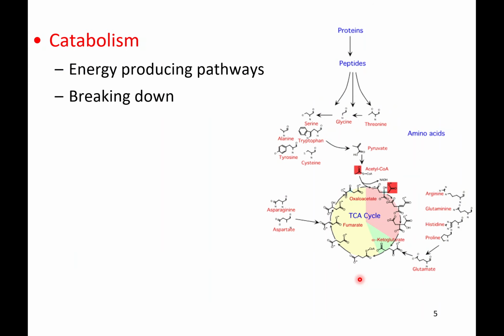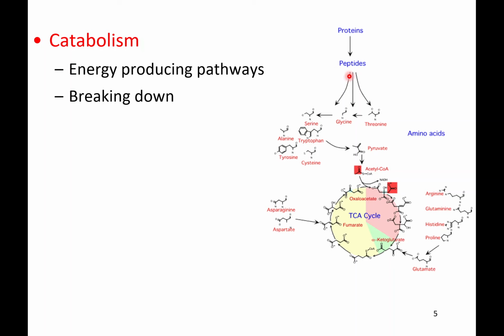Metabolism can be broken down into two parts. Okay, one is what's known as catabolism, and this is generally thought of as energy producing pathways. You're producing energy, and what you're doing with that is you're breaking things down, taking more complex things. In this example, you have proteins.